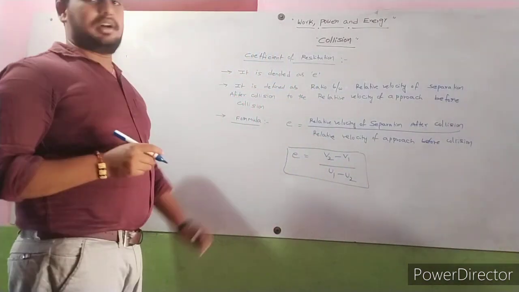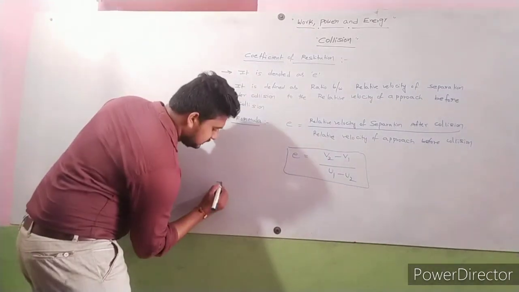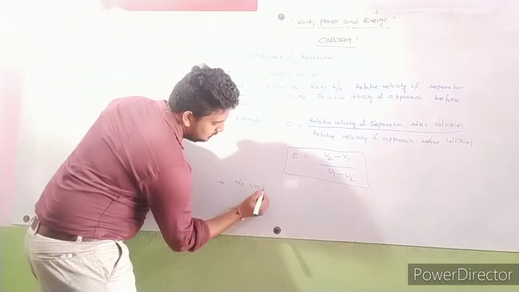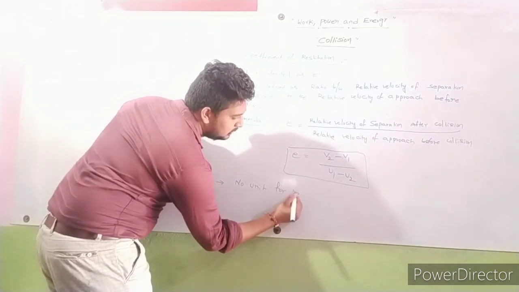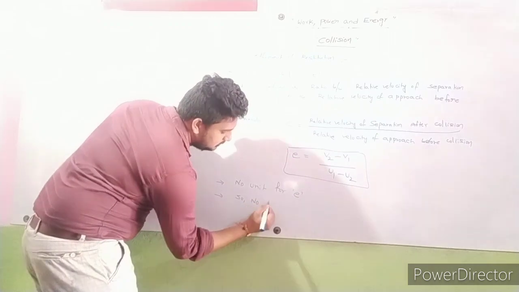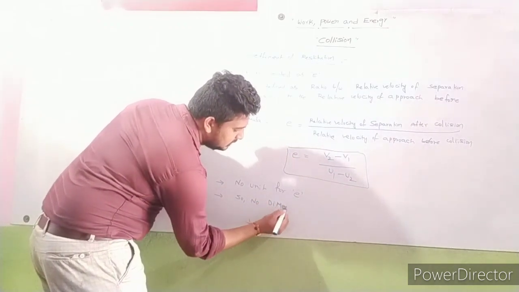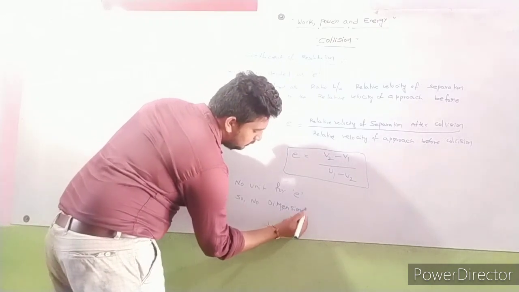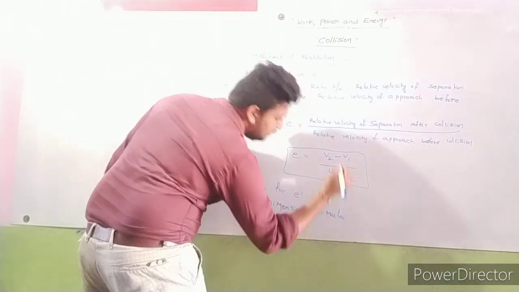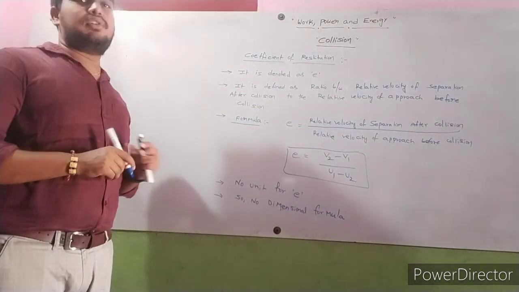This is the formula. There is no unit for E, so no dimensional formula.